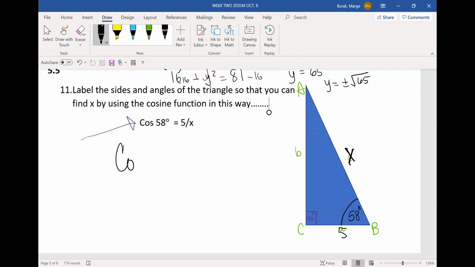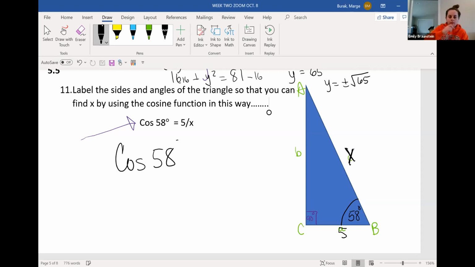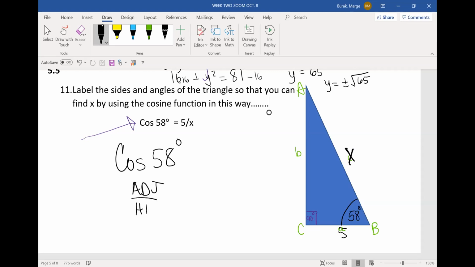So the cosine of 58 degrees is the adjacent over the hypotenuse. And we know the hypotenuse is x because it's across from the 90 degrees. Adjacent means next to, so that means it's 5. So the adjacent is 5, the hypotenuse is x, and you did it right, yay!